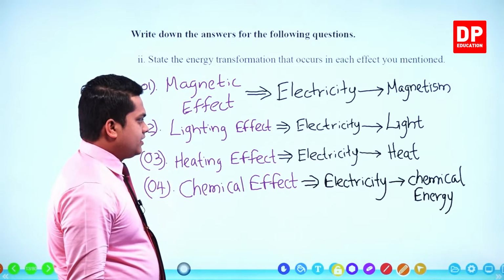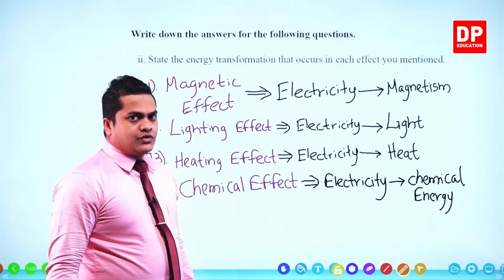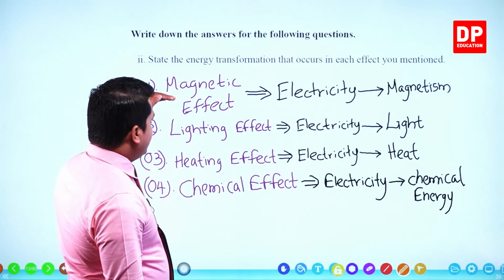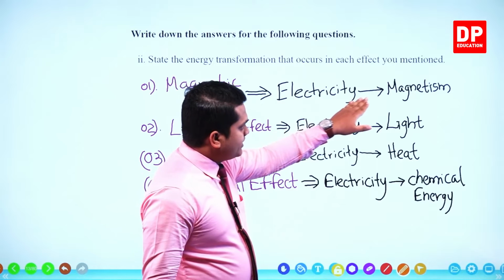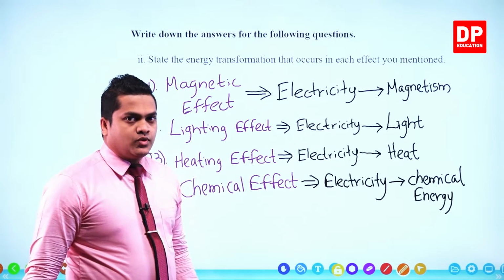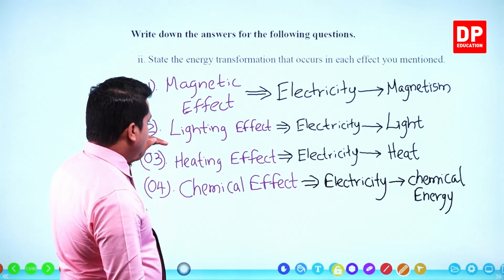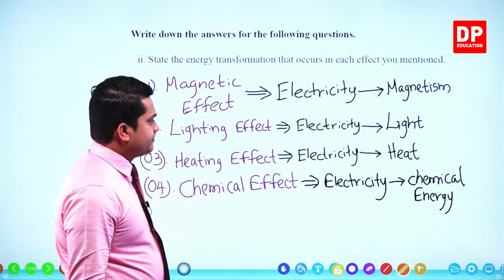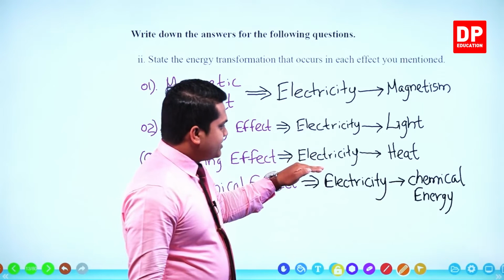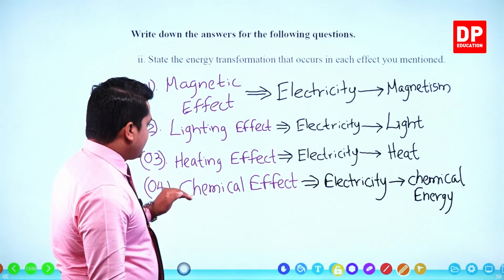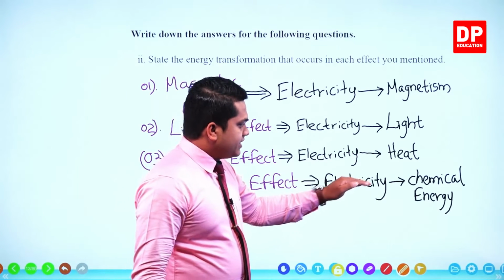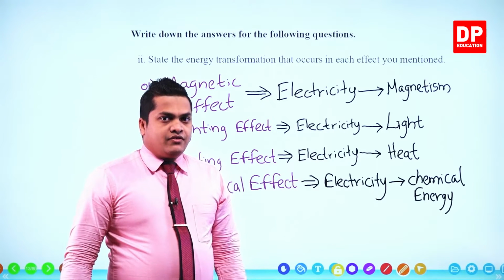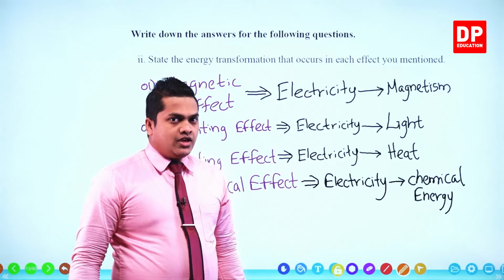So these are the four effects and their energy conversion. In magnetic effect, electricity is getting converted to magnetism or magnetic field. In lighting effect, electricity is getting converted to light energy. In heating effect, electricity is getting converted to heat energy. In chemical effect, electricity is getting converted into chemical energy. So these are the four main types of effects and their energy conversions.